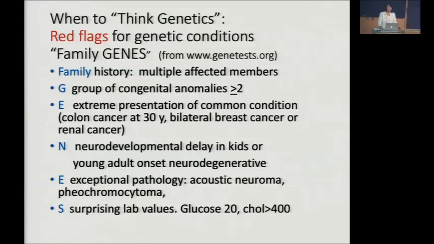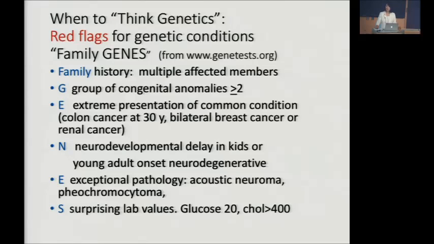And so this is an eponym, FAMILY GENES, for red flags to think about genetic conditions. So first of all, if the patient tells you that they have a family history of several family members who have the same thing, then think genetics. Second, if there are 2 or more congenital anomalies, things like cleft palate or VSD, then think about genetics. Extreme presentations of common conditions.